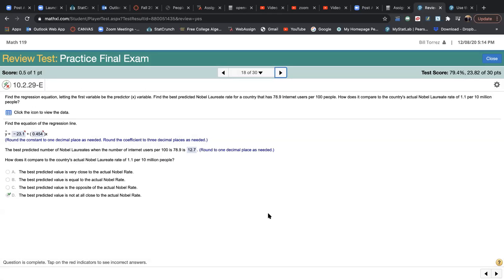All right, so let's go to 18 now. And here we have the next problem. And we've seen this problem before on the worksheets. So let's read the problem. Find a regression equation letting the first variable be the predictor variable, X. Find the best predicted Nobel laureate rate for a country that has 78.9 internet users per 100 people.